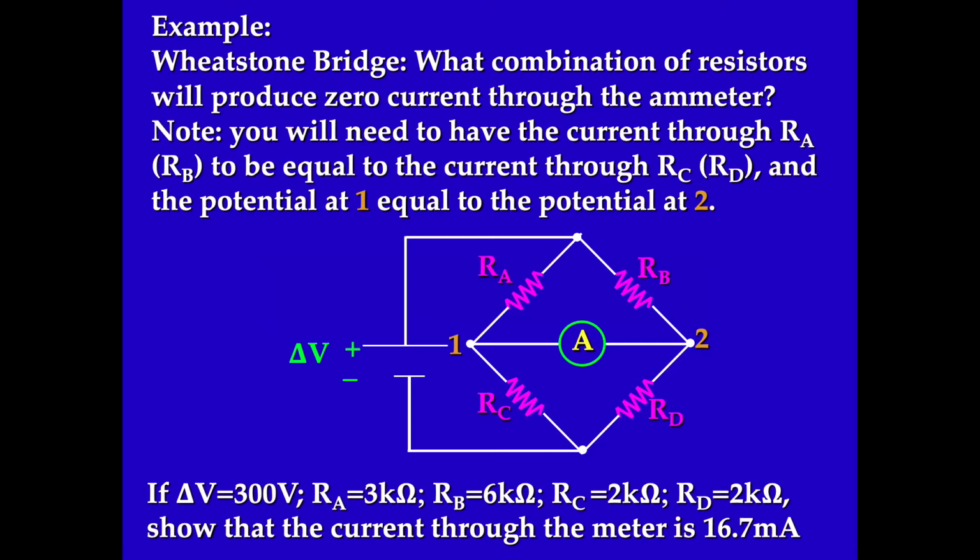So, okay, let me rephrase then. I want to hook up this circuit and find the conditions on the resistors such that no current goes through the ammeter. So let me draw the circuit.